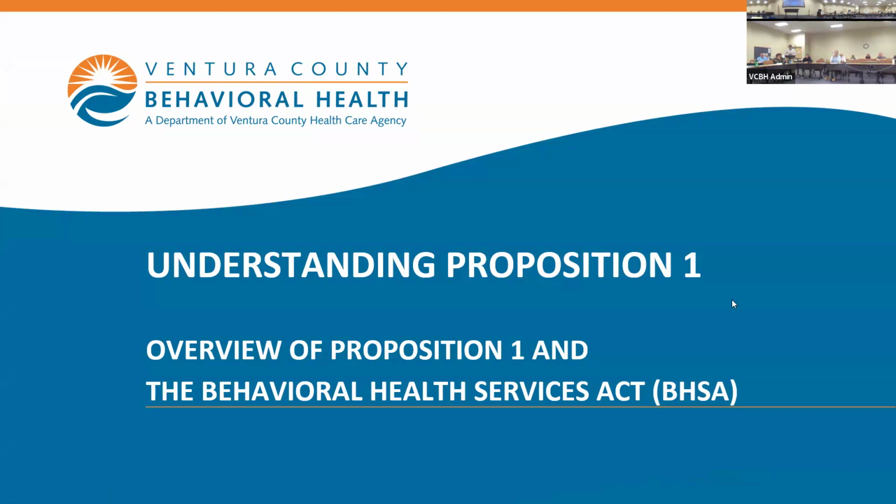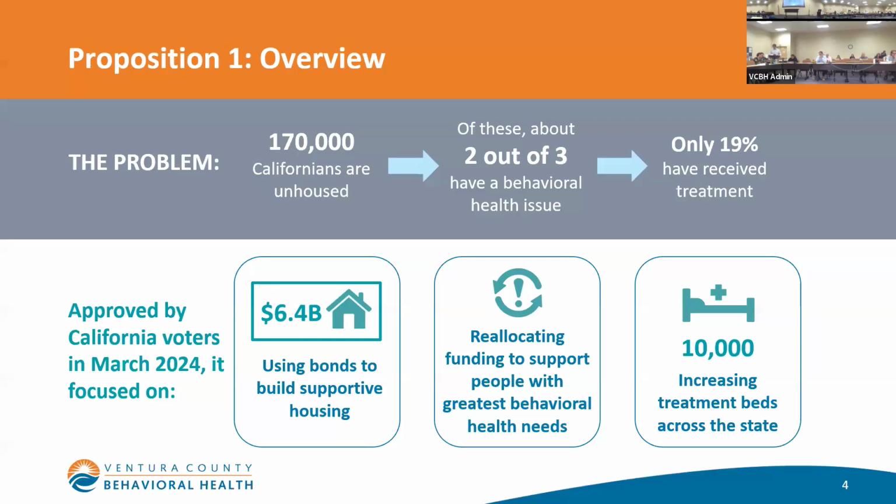But there are lots of other acronyms that you may have heard over the past 18 months. There's CalAIM, BH Connect, the CARE Act, 988, and others. You don't have to know the ins and outs of any of those for today's presentation. We're really focused in on Proposition 1, which is the Behavioral Health Services Act, or BHSA, or sorry, one particular part is the BHSA. Next slide, please.